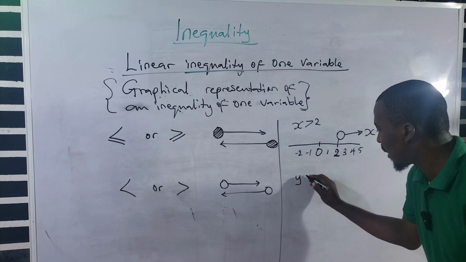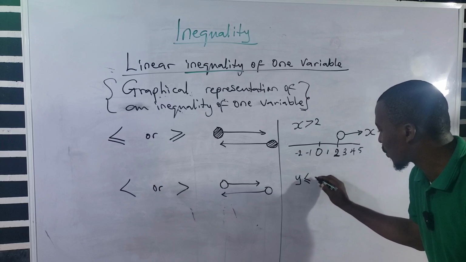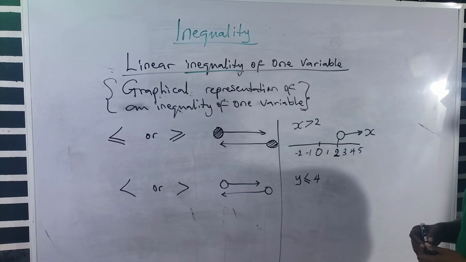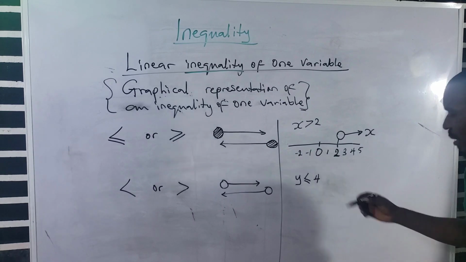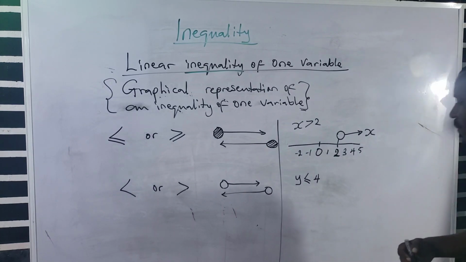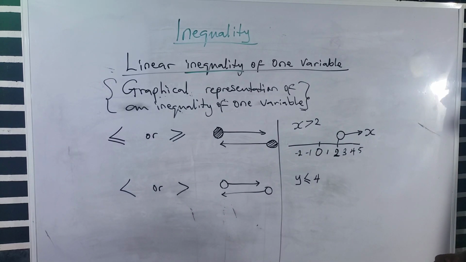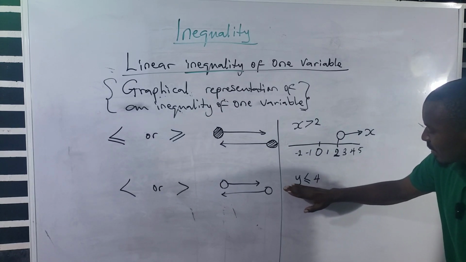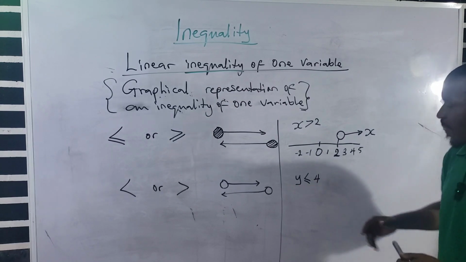Now let us look at another one. Let's say y is less than or equal to 4. How will I represent this? First, let us assume that y is less than 4.